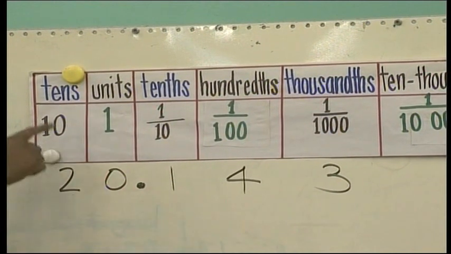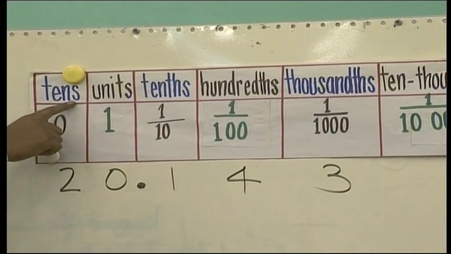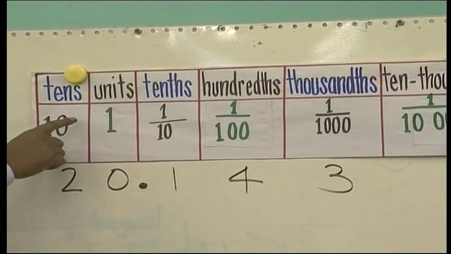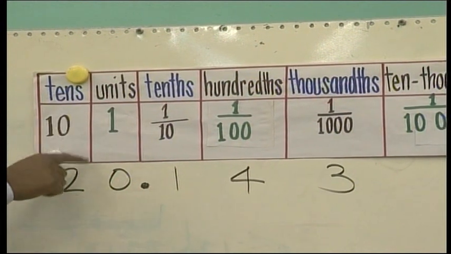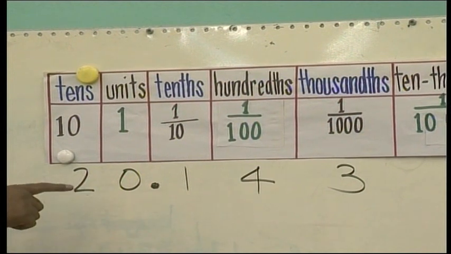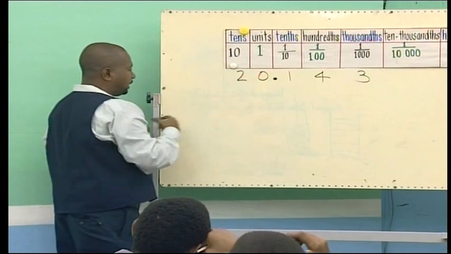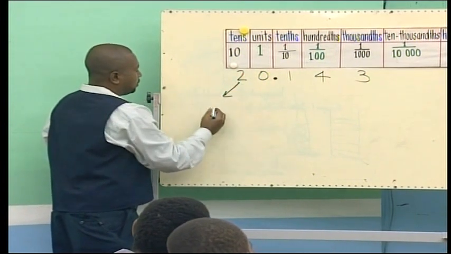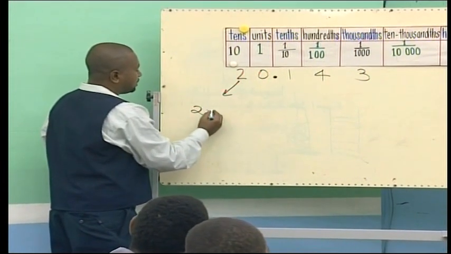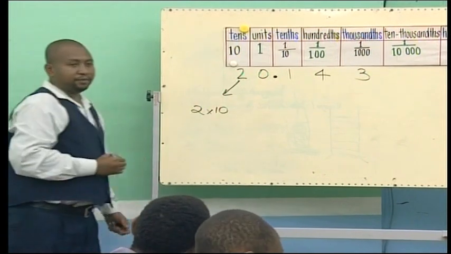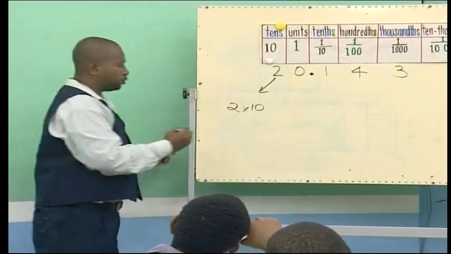This 2 is under the tens column. Tens simply means that any number under tens will be multiplied by 10. For example, this 2 is going to be multiplied: 2 times 10 equals 20.